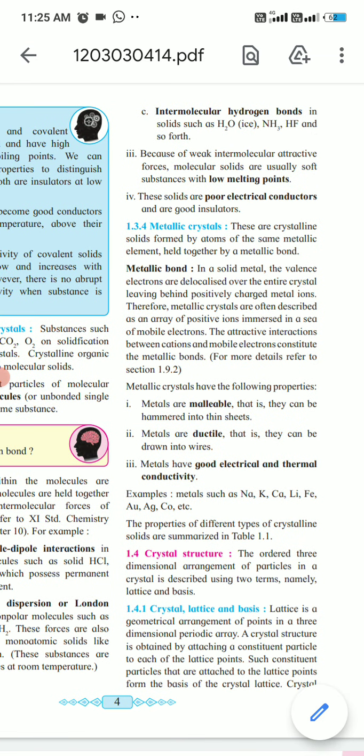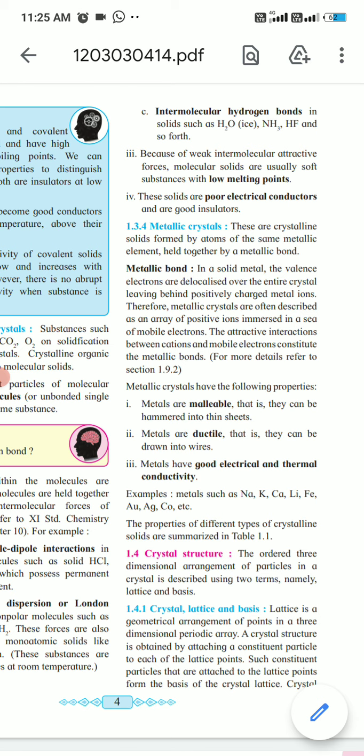Metallic crystals. These are crystalline solids formed by atoms of the same metallic element held together by a metallic bond. Metallic bond. In a solid metal, the valence electrons are delocalized over the entire crystal, leaving behind positively charged metal ions.